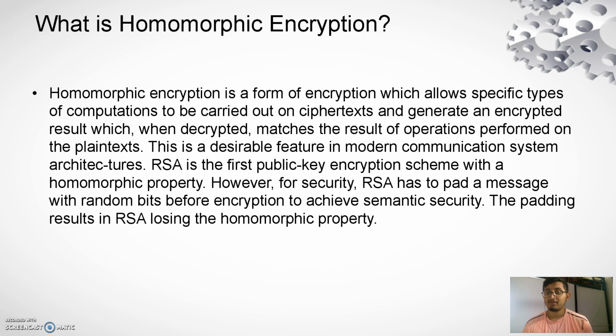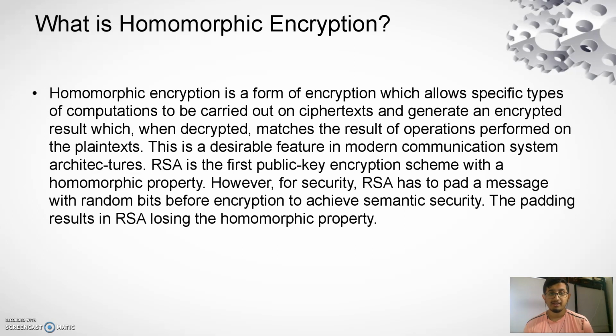What this algorithm enables is that you can add two encrypted messages to get the whole message as a summation of the two messages. So this is the X factor, the feature which gives us an edge over RSA.